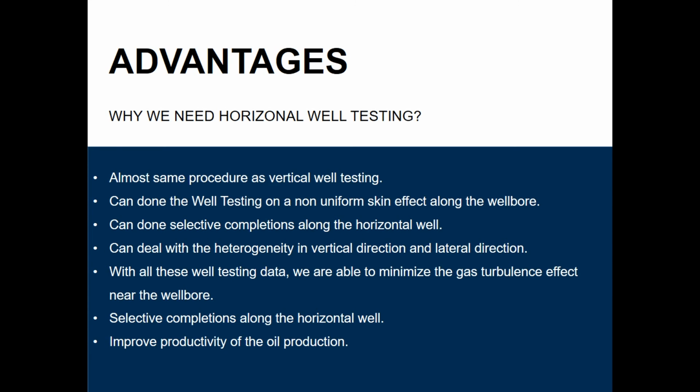With horizontal well testing, we can identify the flow regimes, which give valuable information about the well, such as the vertical and lateral heterogeneity, the wellbore storage effect, the skin effect, the boundary effect, the reservoir size, the productivity, and all this data is very important for an engineer to determine the completion of the well. Thank you.